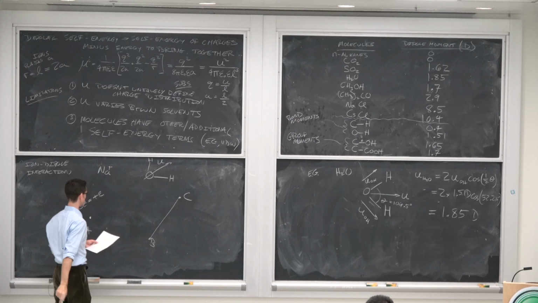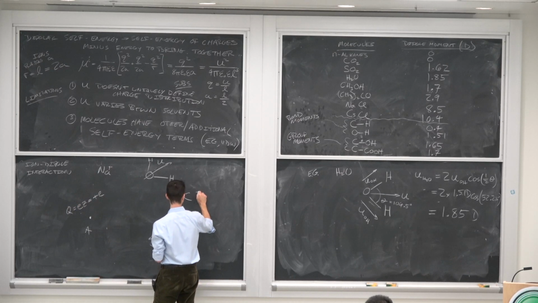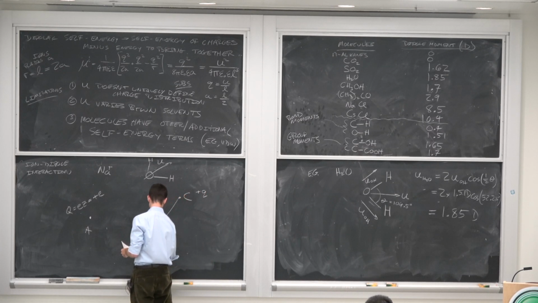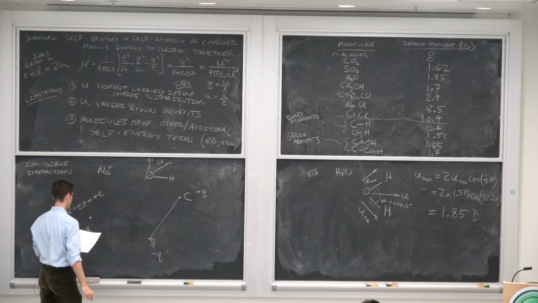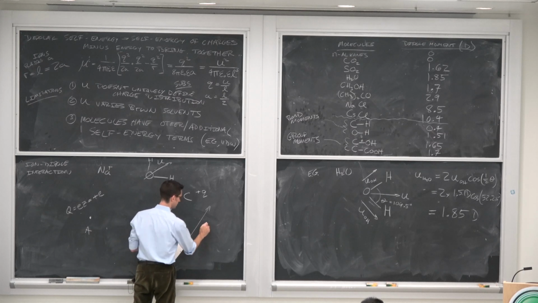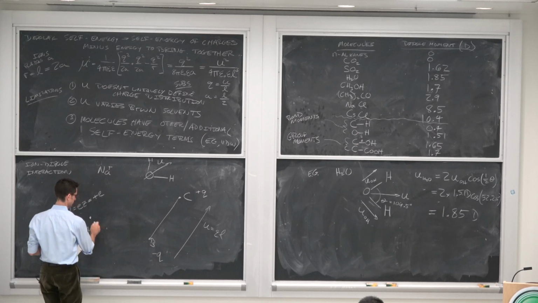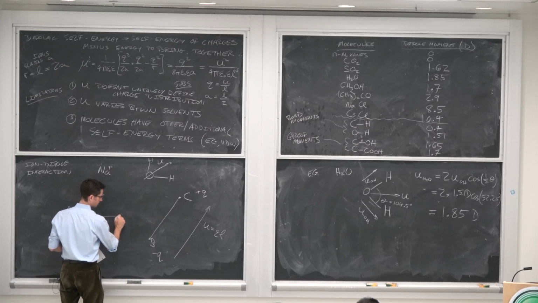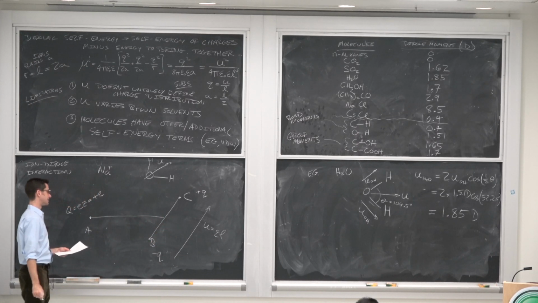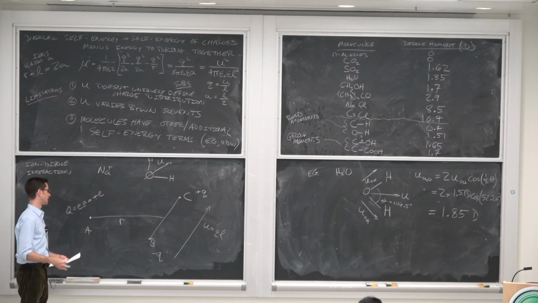In the case of sodium, it's just plus E. And C has the charge plus little q, and B has the charge minus little q, and the dipole moment vector is this way. Again, U equals Q times L. And the distance R will be the distance between A and the center of the dipole.